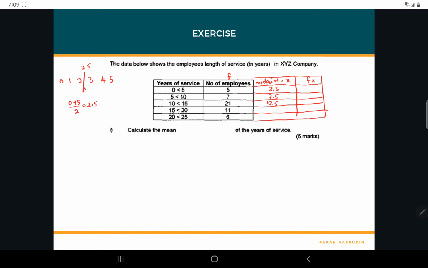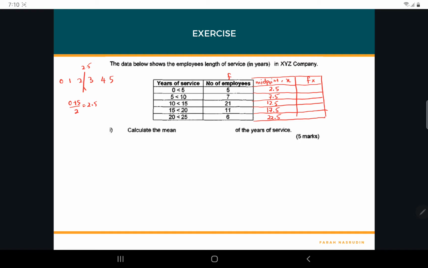Then 15 plus 20 is equal to 35, and then divide it by 2. So here it is 17.5, and the last one is 20 plus 25, which is 45, divided by 2. The answer will be 22.5.